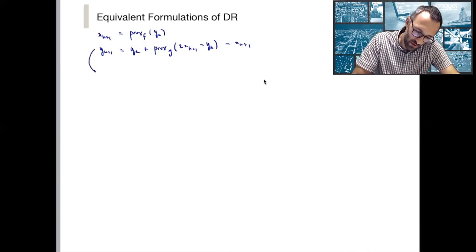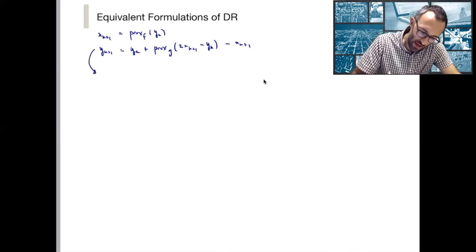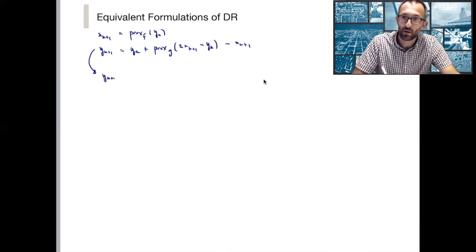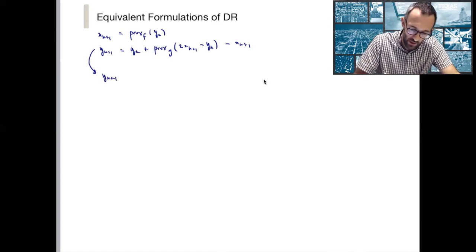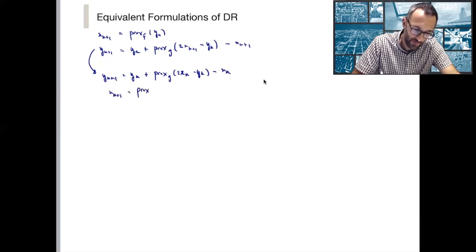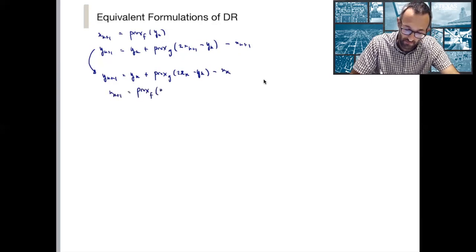We can rewrite this by just flipping the order of these iterations. yk+1 is equal to yk plus prox g of 2xk minus yk, minus xk, and xk+1 is equal to prox f of yk+1.